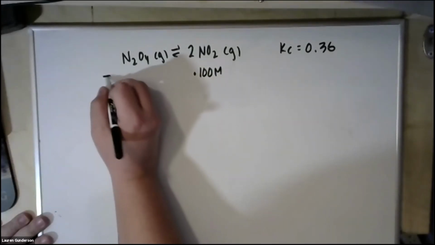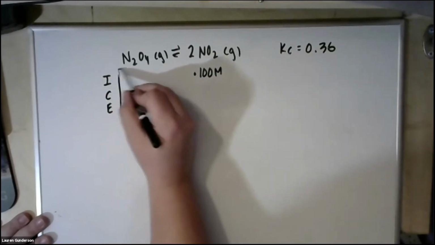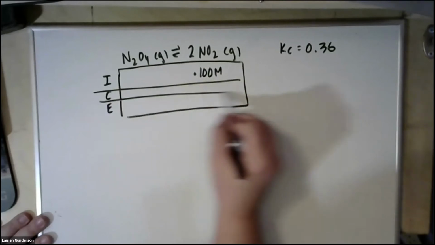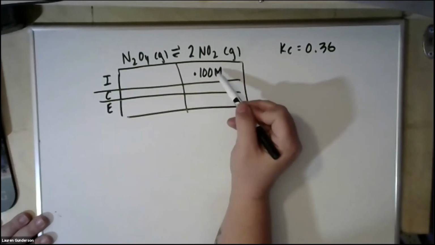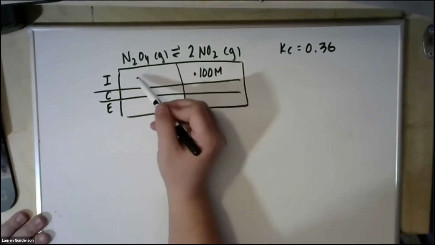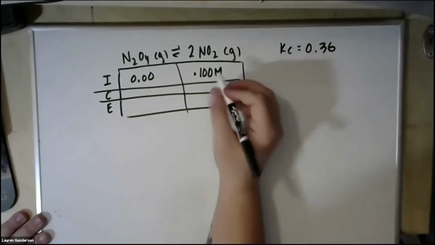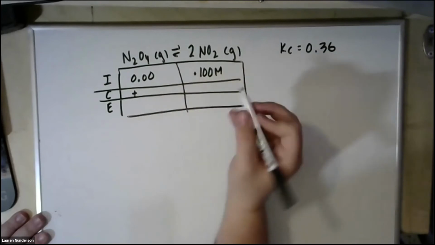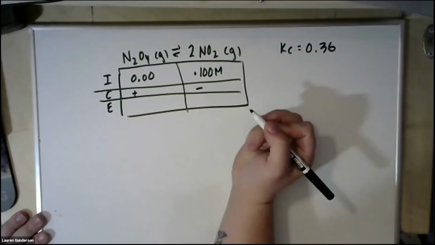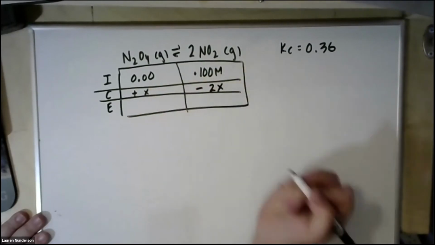Okay, so for our ice table, just kind of like we saw last time, if we're starting with some NO2, that means we're going to be creating N2O4. So we don't have any N2O4 to start with. So we're going to be creating it. That's a plus. We're going to be using up our NO2 to create the N2O4. So that's a minus. So this will be minus 2x, and this will be plus x.